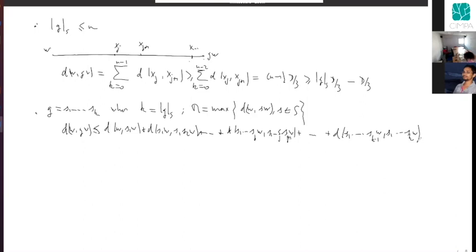Note that when I do this, I'm looking at a path inside the Cayley graph, because each time I multiply on the right by an element of S.